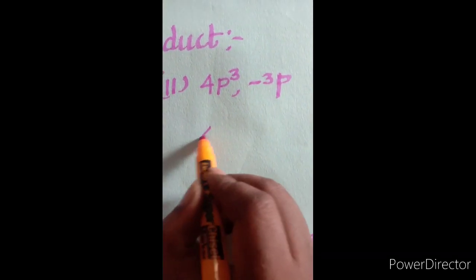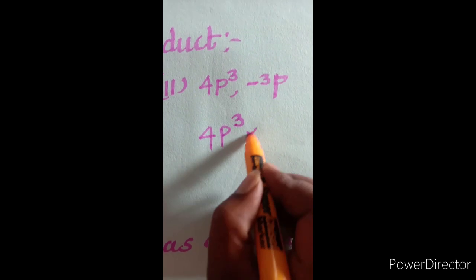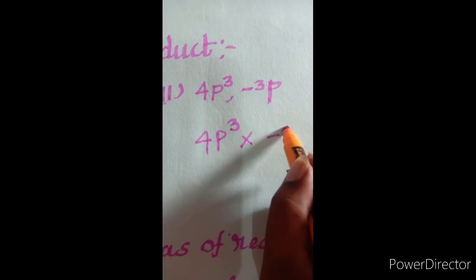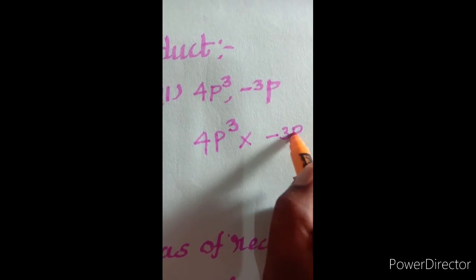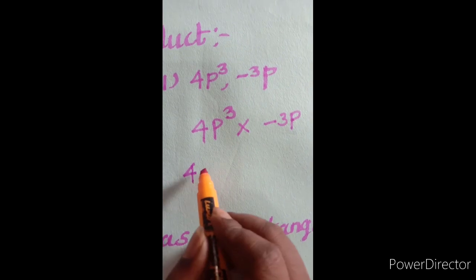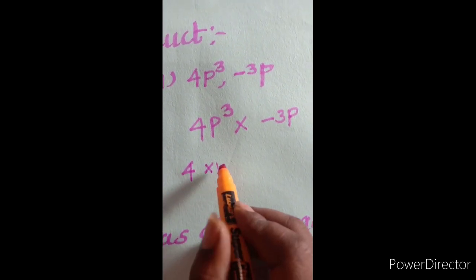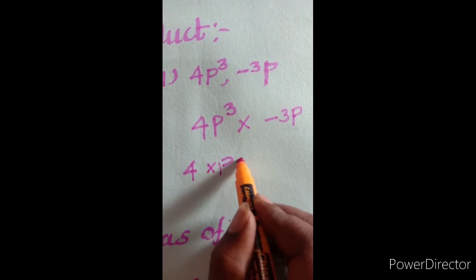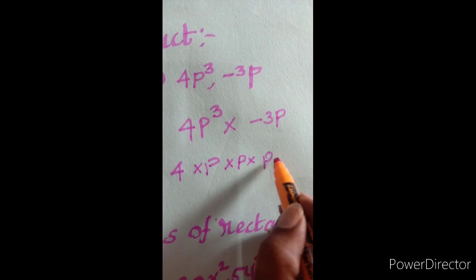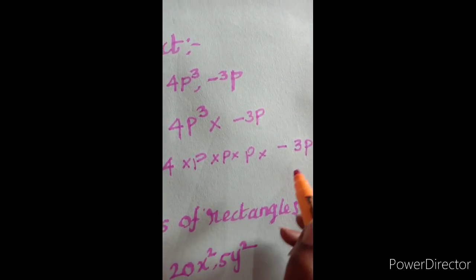Second one is 4p cubed into minus 3p. You can remove the comma and put the multiplication symbol. You can expand the variables, that is 4 into p into p into p into minus 3p.